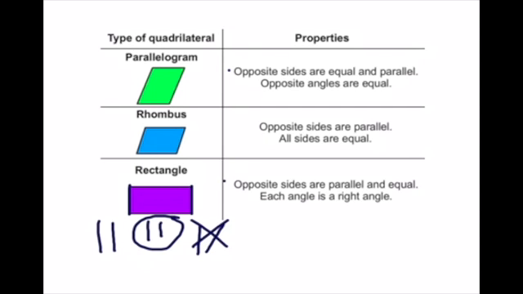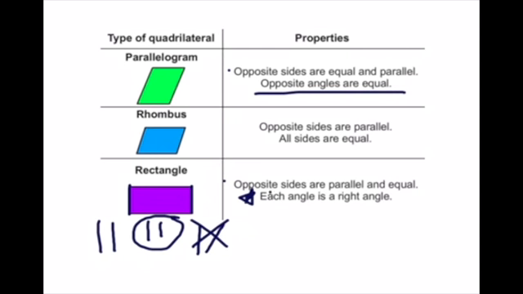So what else? Each angle is a right angle. Okay, so that's what makes it a little bit different than a parallelogram. You know that in a parallelogram, the opposite sides are equal. That means two angles are the same and two other angles are the same. Well, guess what?